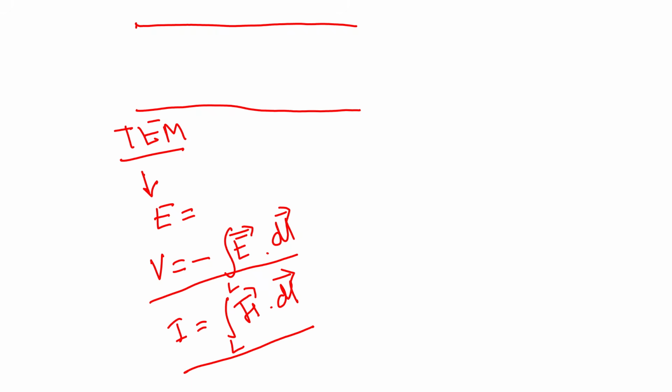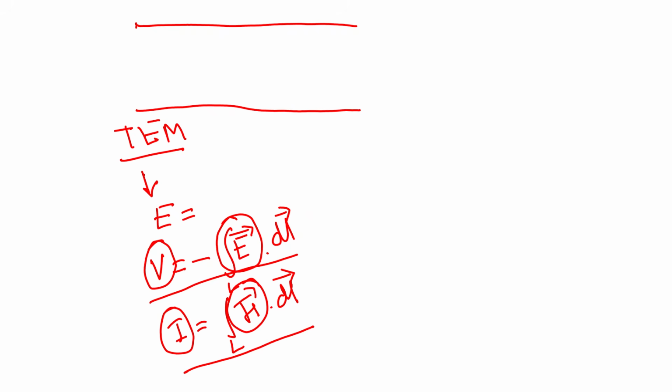So for analyzing the behavior of this transmission line, instead of focusing on the field parameters, electric field and magnetic field, we will shift our focus to these two circuit parameters, voltage and current.